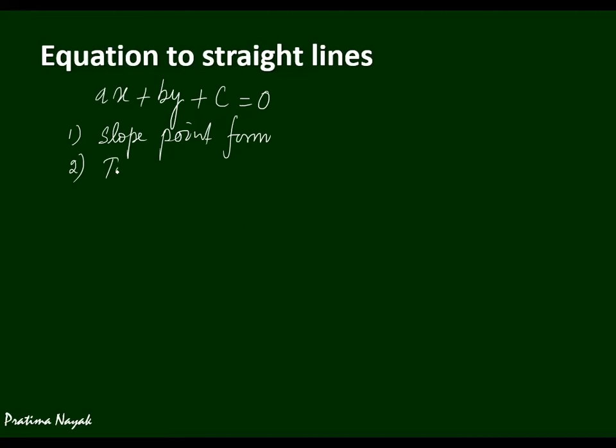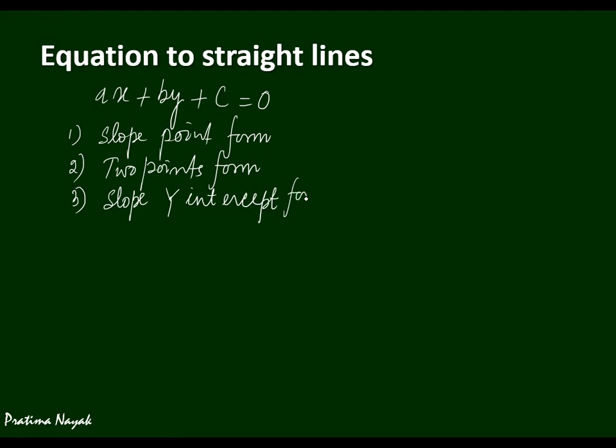When 2 points through which the line is passing are given, we call it 2-point form. Then we can get slope is given and y-intercept is given. That is your slope y-intercept form. Next we'll get slope is given and x-intercept is given.